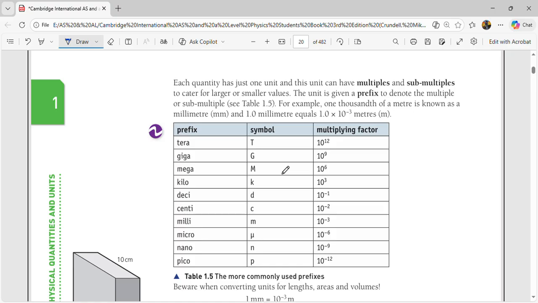So now, if specifically we look at length, the most common conversions are millimeters to meters, or vice versa, and centimeters to meters, or vice versa.